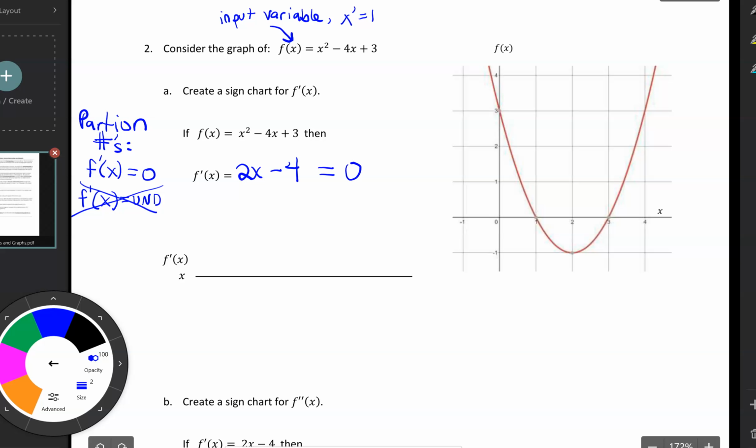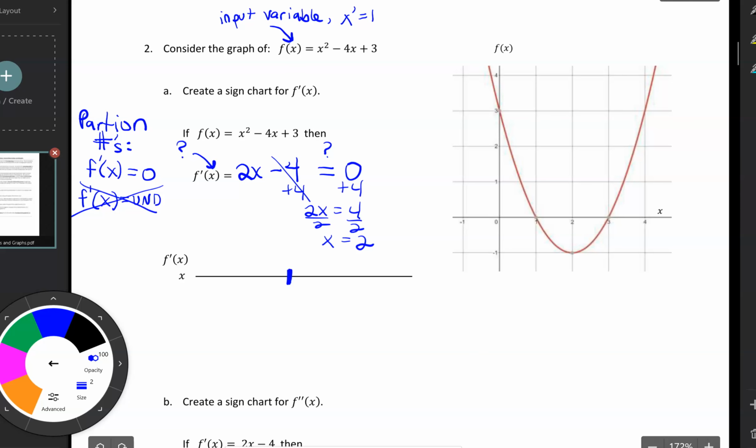Where would this be equal to 0? So this is just straight up algebra. What x value would I plug in here to make this rule equal 0? We just solve that for x here. So if 2x equals 4, divide by 2, then x would be a 2, right? So I'm going to put that number.